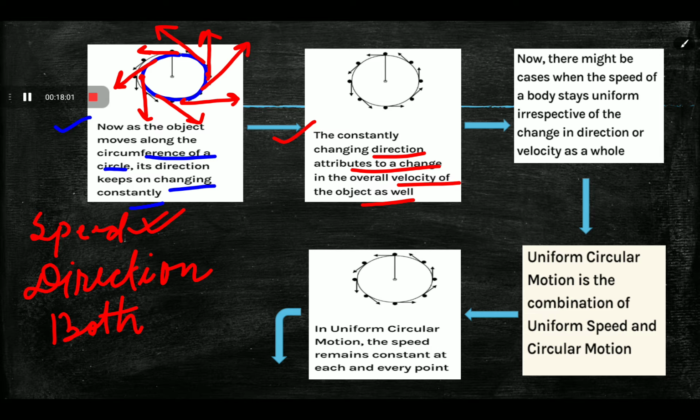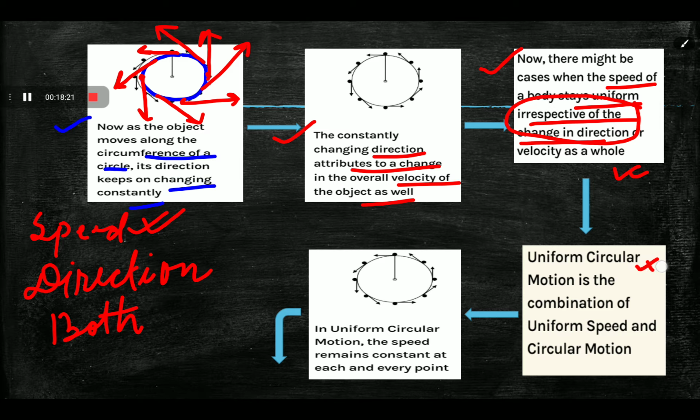Now, there might be a case when the speed of the body stays uniform irrespective of the change in the direction or velocity as a whole. So, we have to pay attention that this is irrespective of the change in the direction.